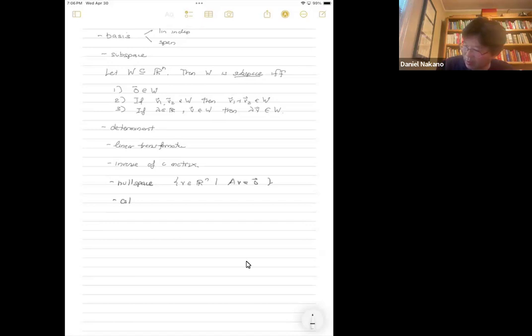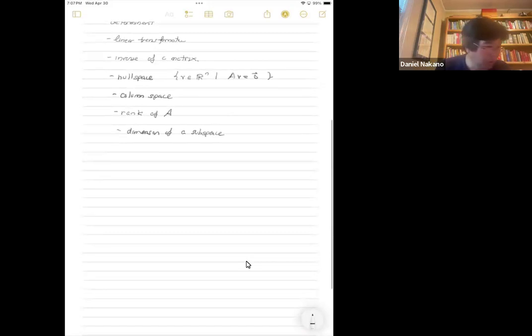You should know what the column space is. So it's a span of the columns of a matrix. You should know what the rank is of a matrix A. And you should also know what the dimension of a subspace is. Okay, so the dimension, of course, is the number of elements in a basis for the subspace.